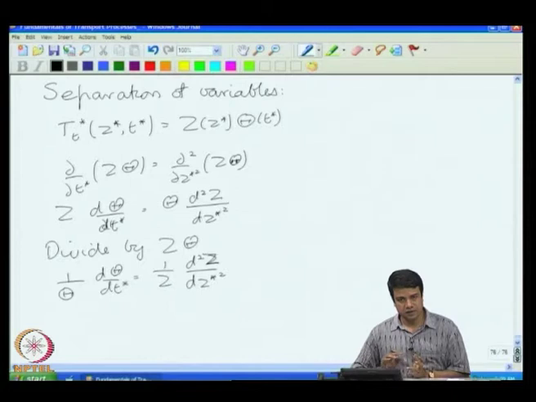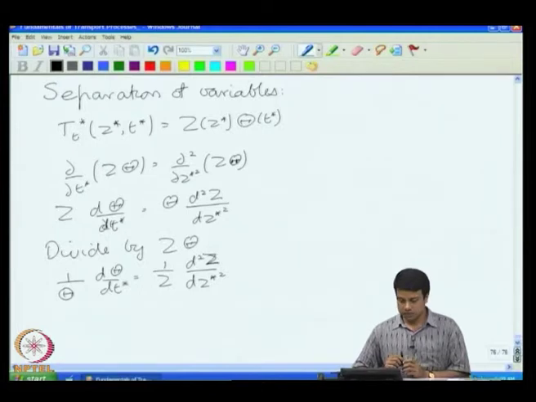So, if the left hand side changes and the right hand side does not, then the equality is no longer valid. Conversely, I can keep t a constant and change z. In that case, the right hand side changes and the left hand side does not. And therefore, I will end up with a situation where the equality is no longer satisfied. The only way that the equality can be satisfied for all values of z and t is if both of these are equal to constants.